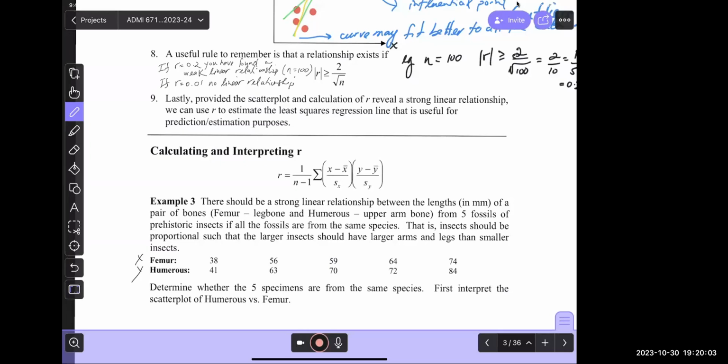So how good are they in their proportionate relationship? A bigger insect marked in a stone, or the fossil that it creates, the bigger one has a bigger femur measure and a longer humerus measure. The smaller ones have a smaller femur and humerus. Are these from the same species? That's what we're trying to see.